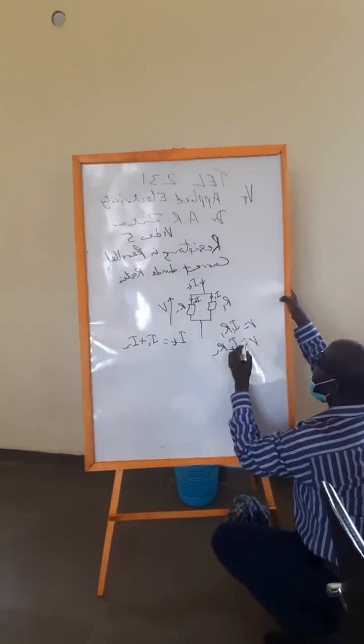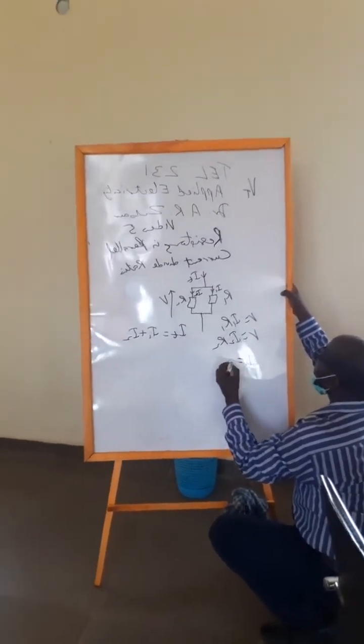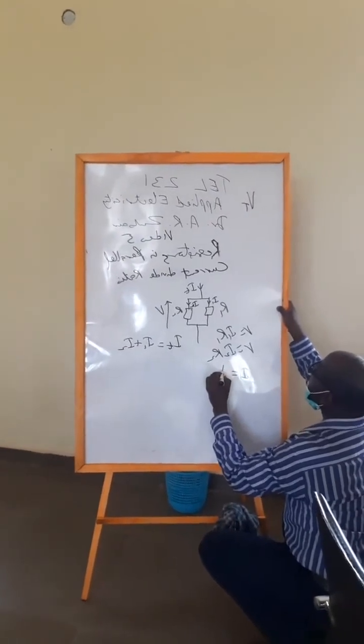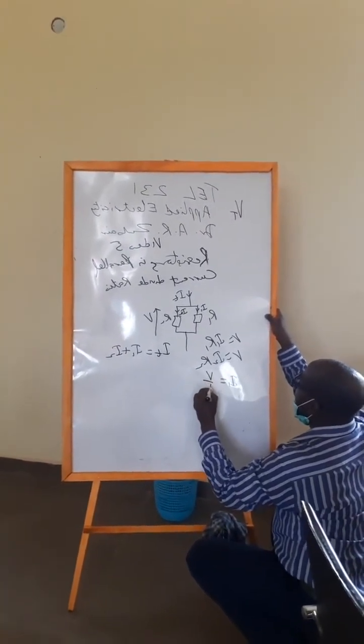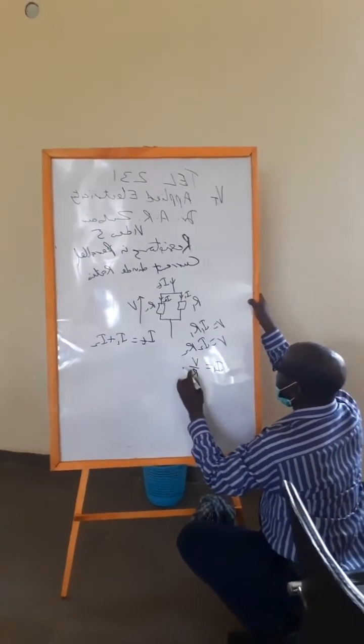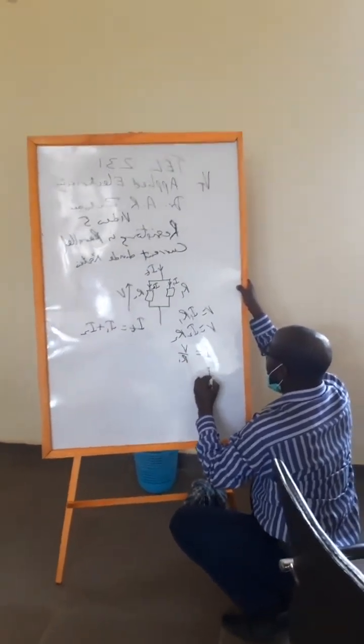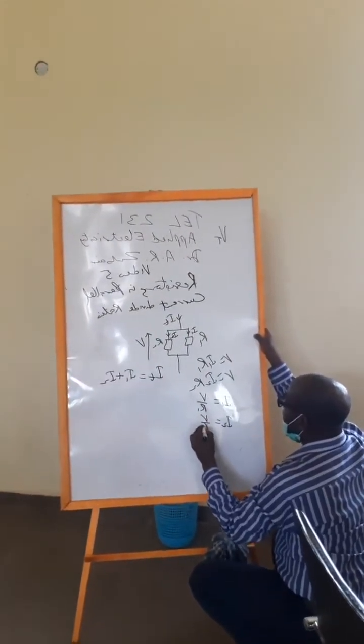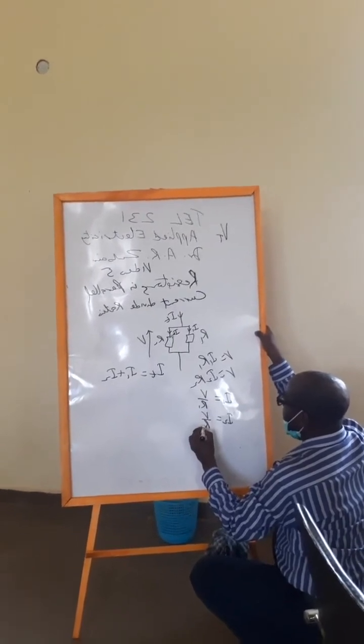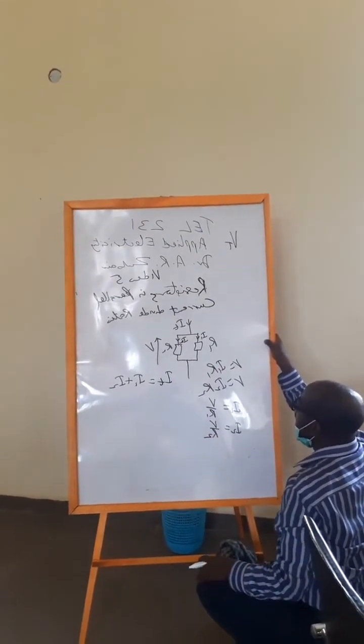So from here, I1 is actually V over R1. I2 is V over R2.